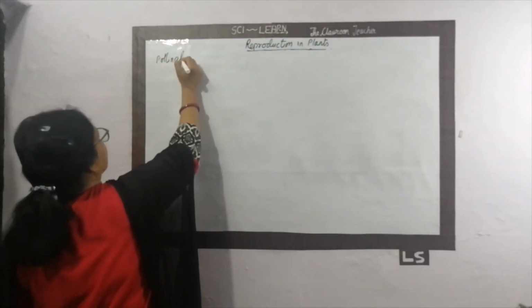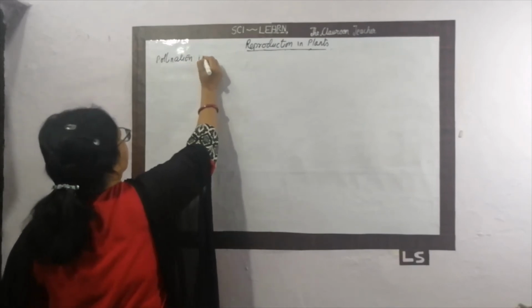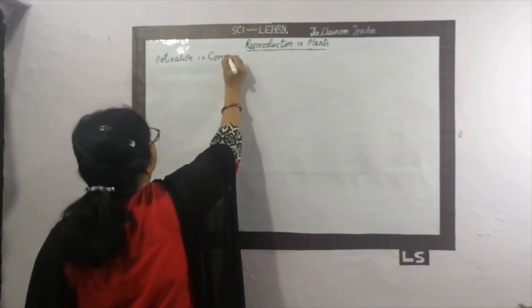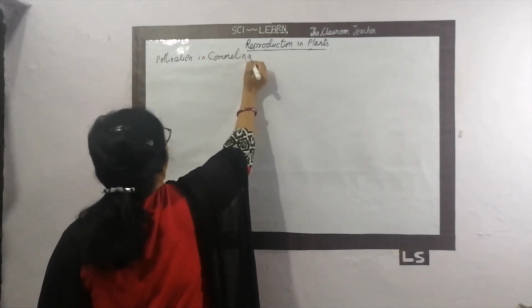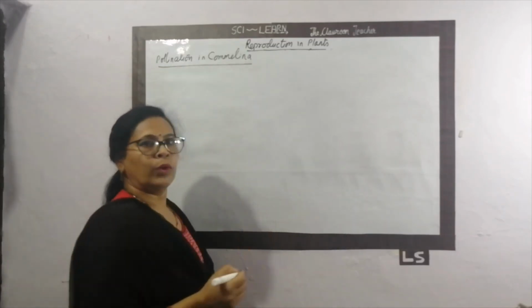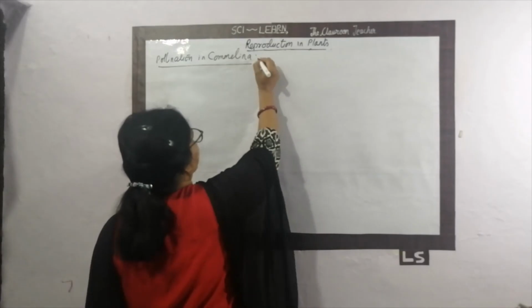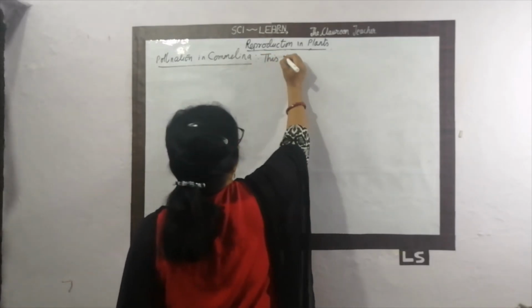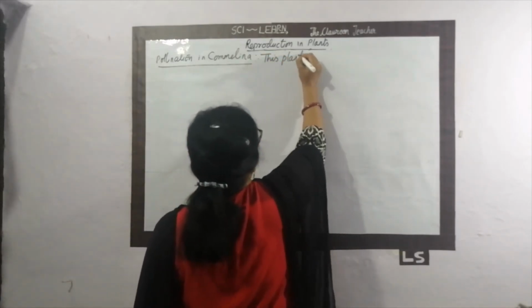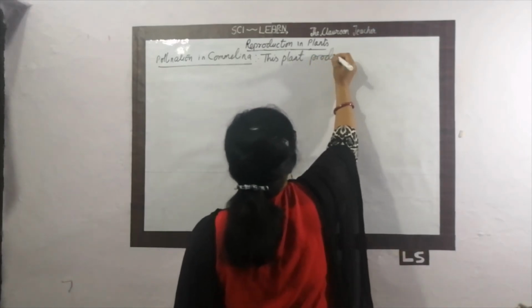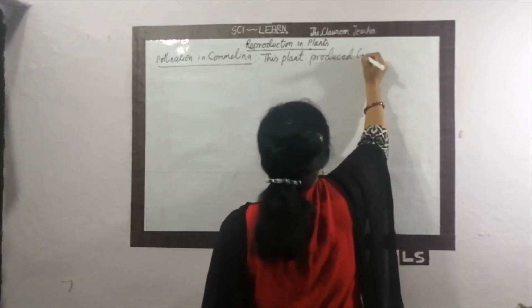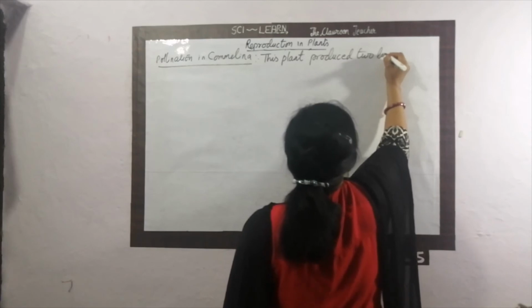Pollination in COMMELINA. Okay, what happened in this plant? It produced two types of flowers.